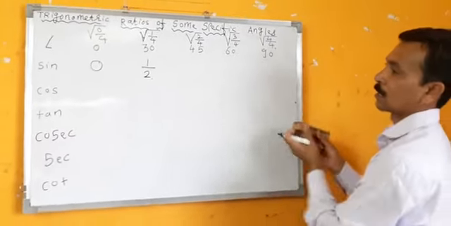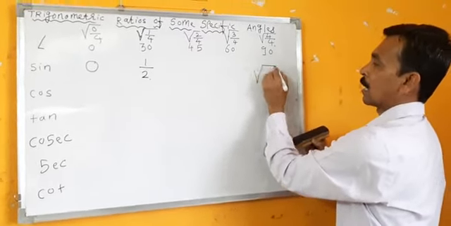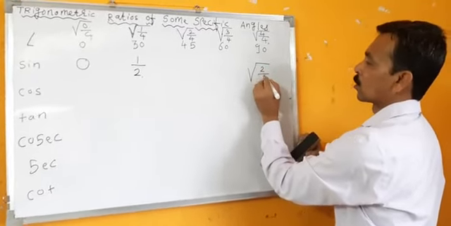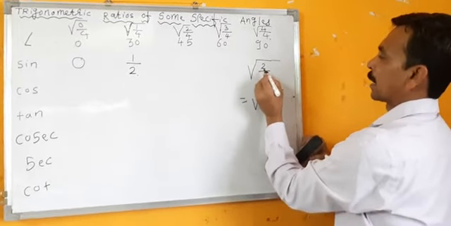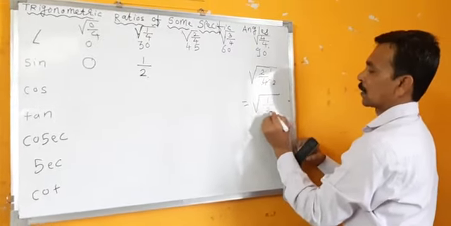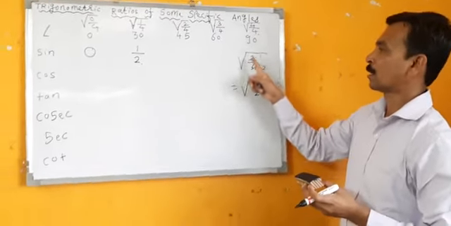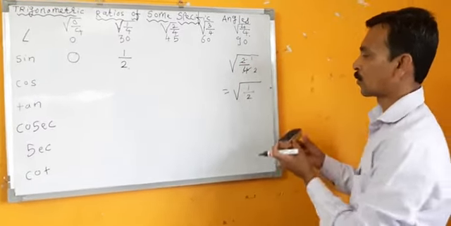Now we will go for sine 45. Above 45 is under root 2 by 4. Divide it inside: 2 ones are 2, 2 twos are 4. If you divide 2 by 4 in the root, it becomes 1 by 2.